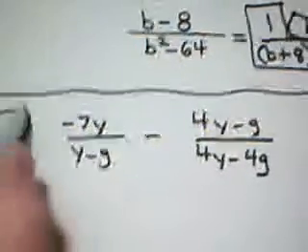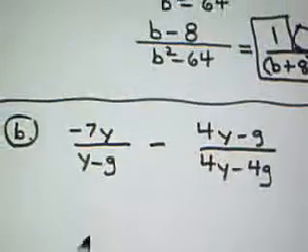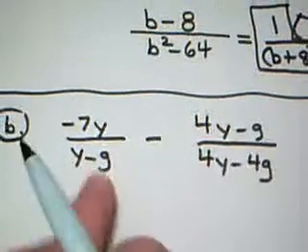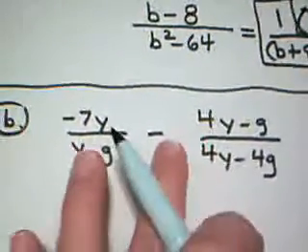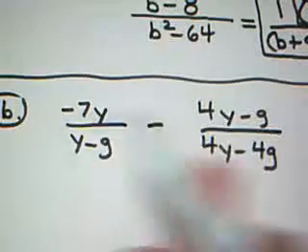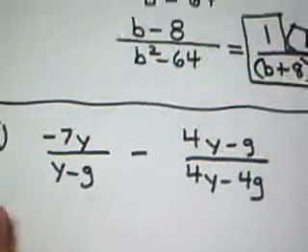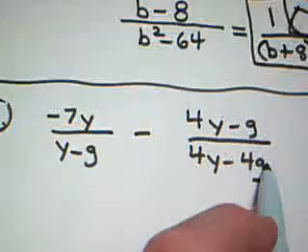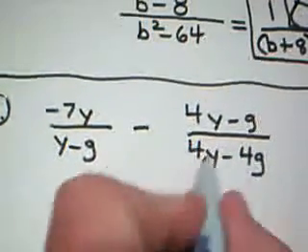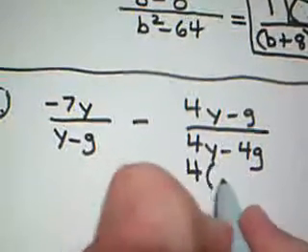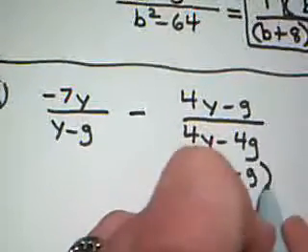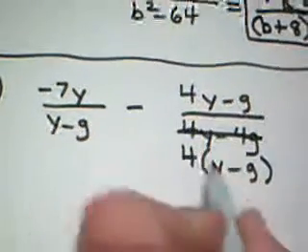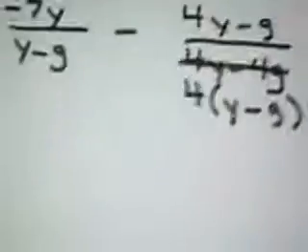Okay, now let's look at another example. Part B is not quite as easy as Part A for the fact that you're doing a subtraction problem. These two denominators need to be the same. Now, 4y minus 4g is the same as 4 times the quantity y minus g. So I'm going to replace it in its factored form.